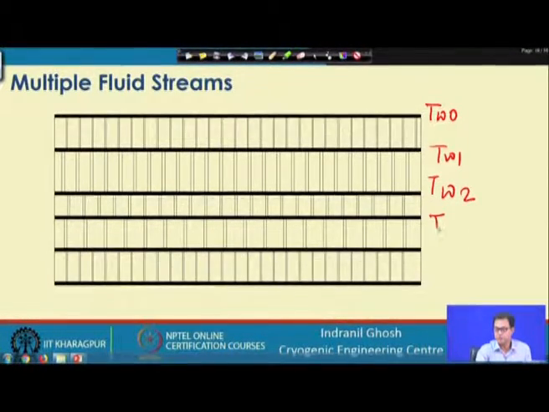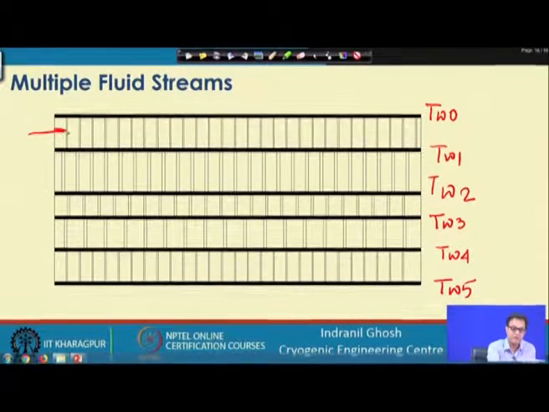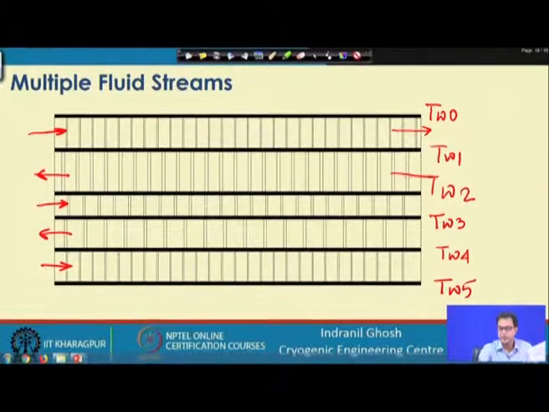These are the wall temperatures, separating wall temperatures. Then we have T W 4 and T W 5, and we have 5 fluid streams depending on their configuration. Maybe they are in counter current to each other, or it may be a parallel counter combination. That will be automatically taken into account if we are able to write down the fin equations and the plate equations separately.